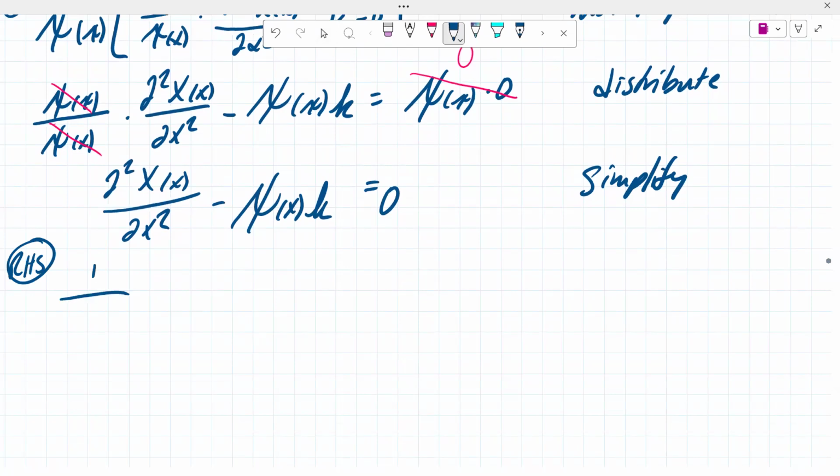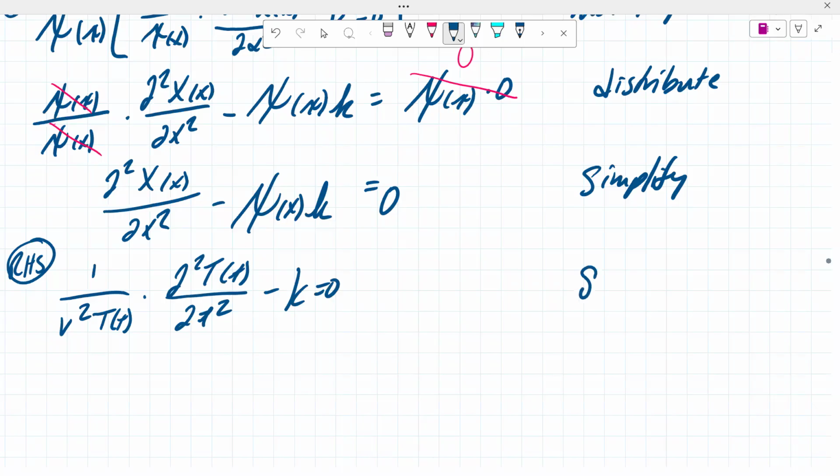1 over v squared t of t times d squared t of t over dt squared minus k equals 0, right? That's given above.